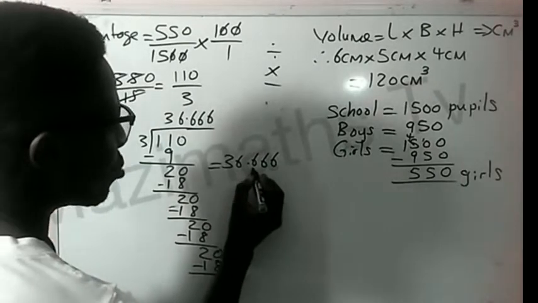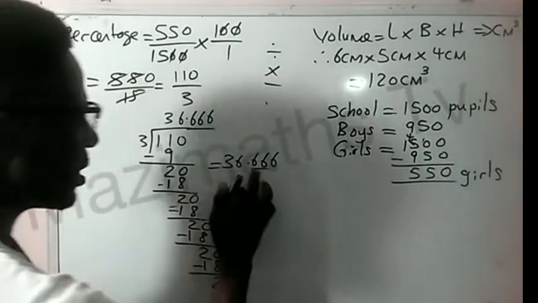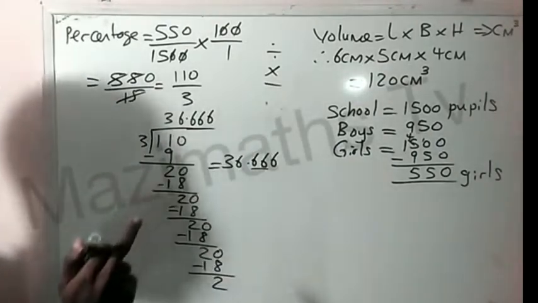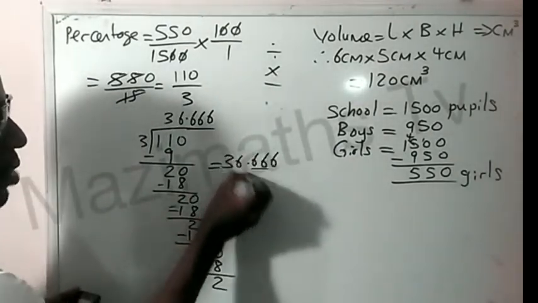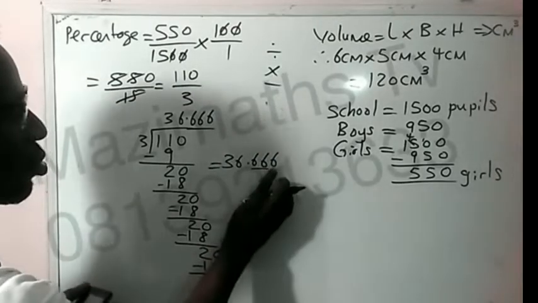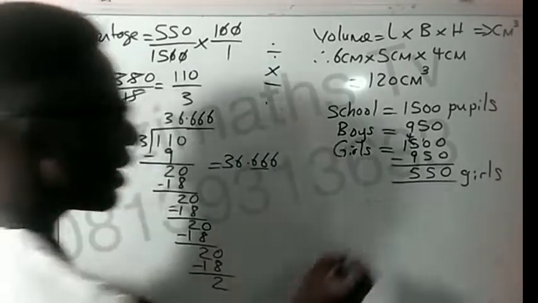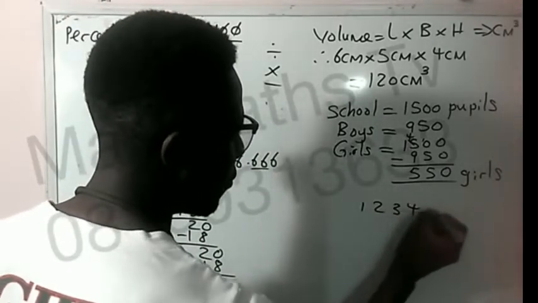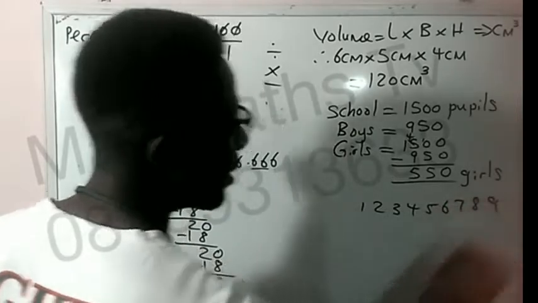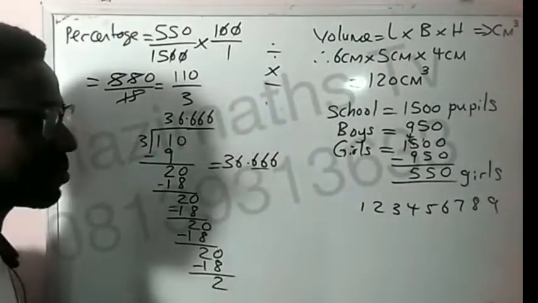Now they said to correct your answer to 2 decimal places. You look at the first 2 decimal digits after the point, which are 6 and 6. After these 2 numbers, we look at the next one, which is 6. Digits from 1 to 9 can be grouped into 2 sides.